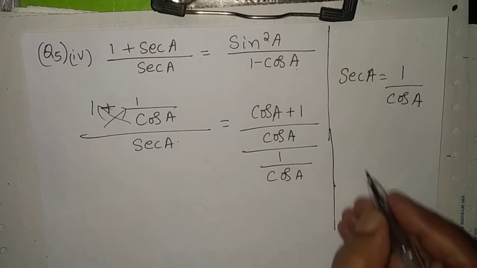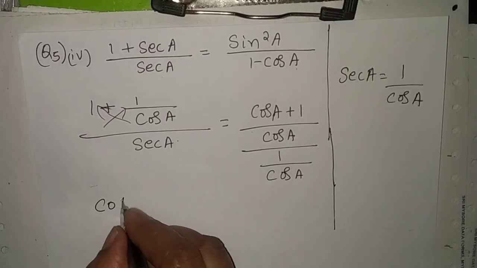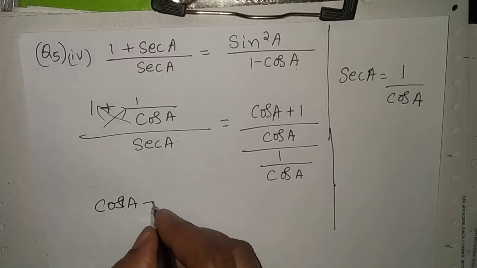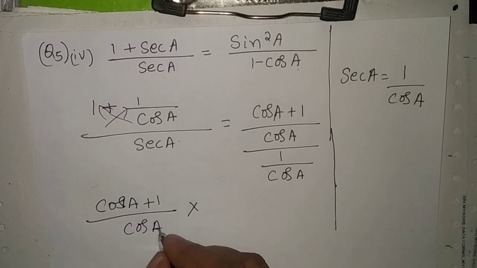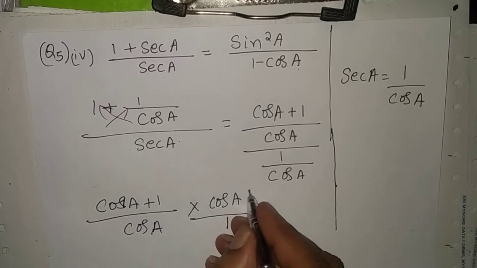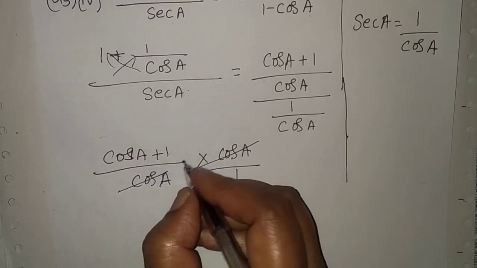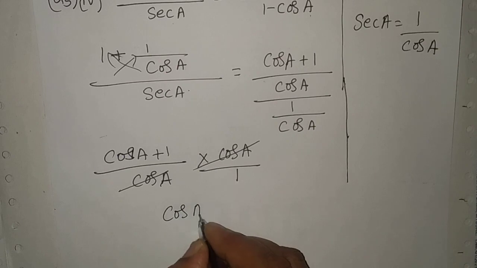So after this just cross multiply, just simplify cos A plus 1 by cos A into cos A by 1. Therefore finally we will get cos A plus 1.